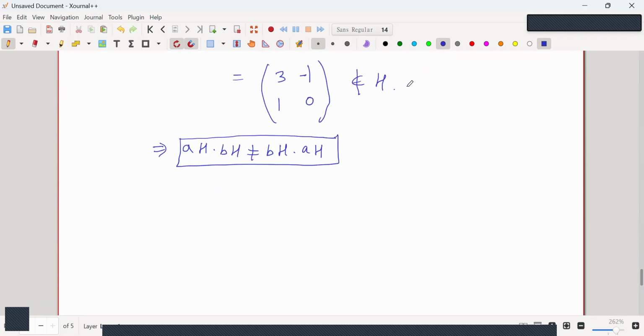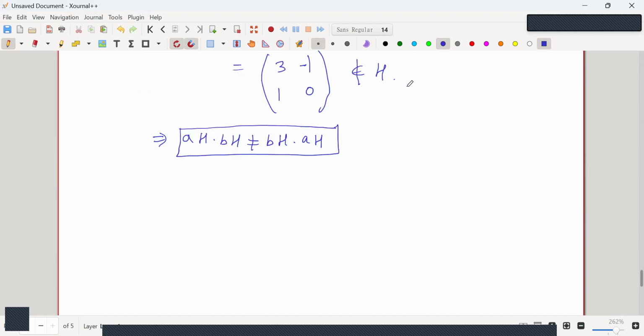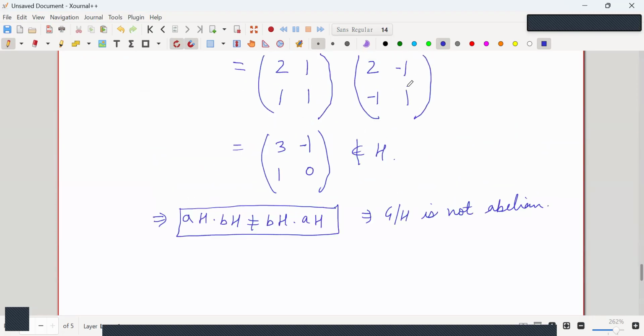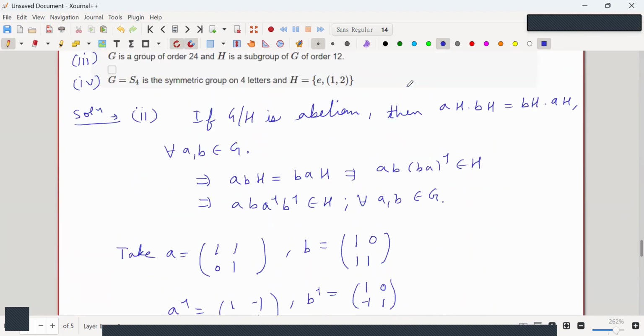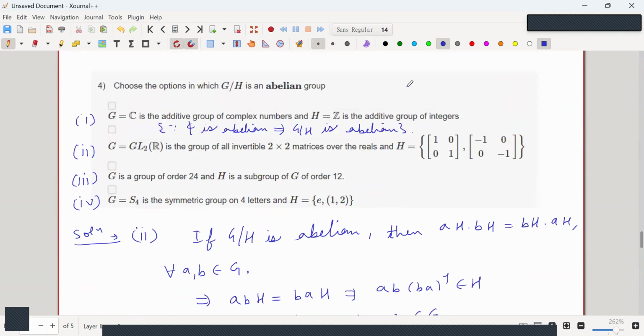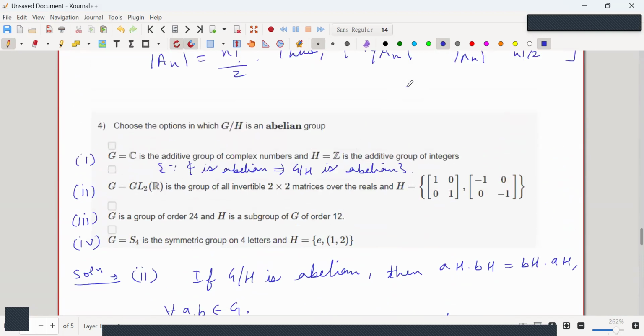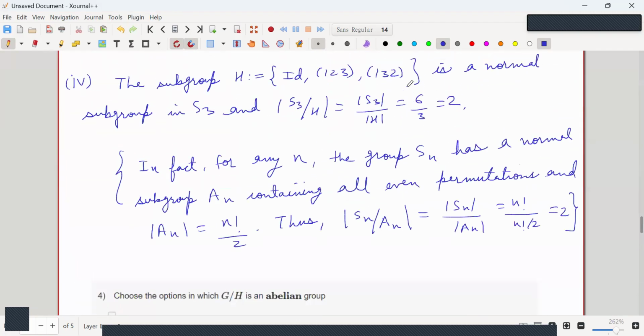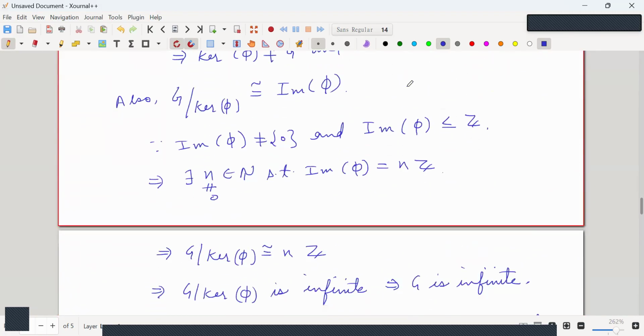This implies G modulo H is not abelian. Fine.